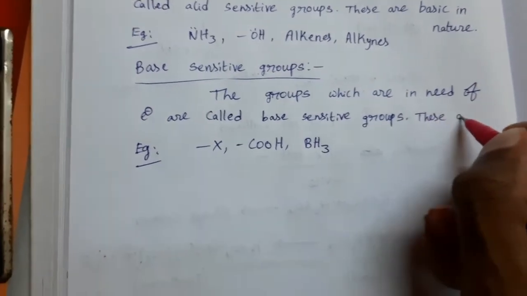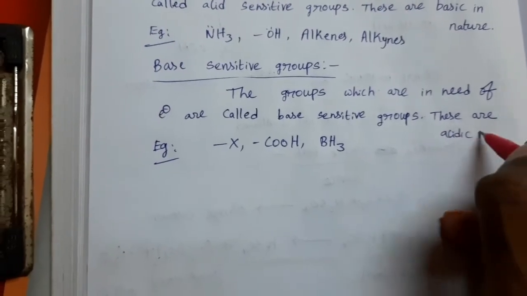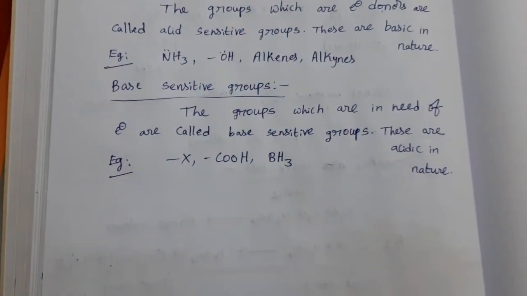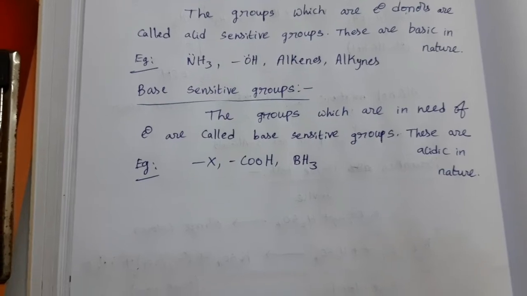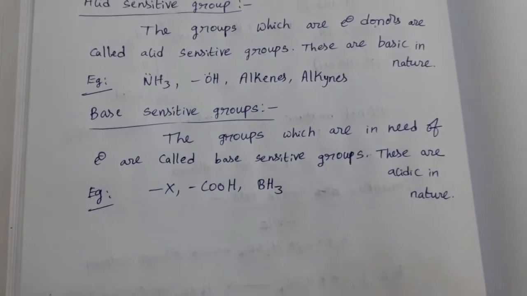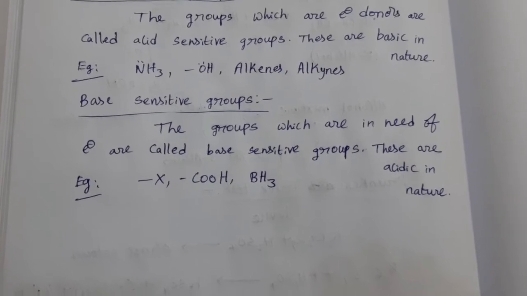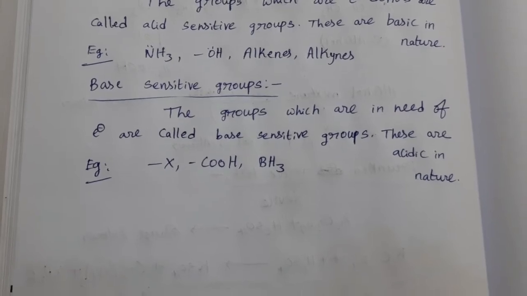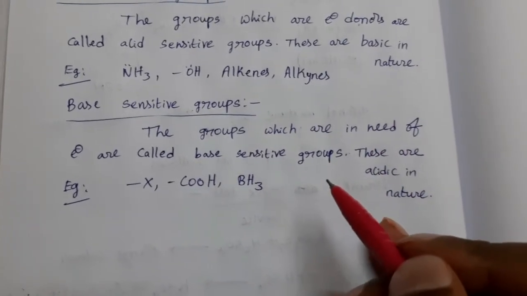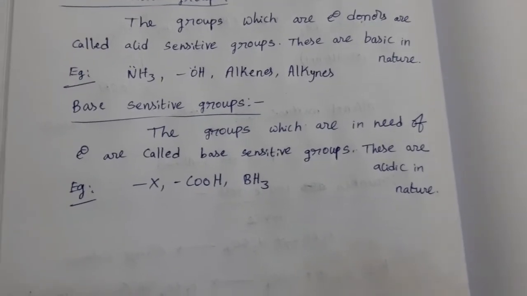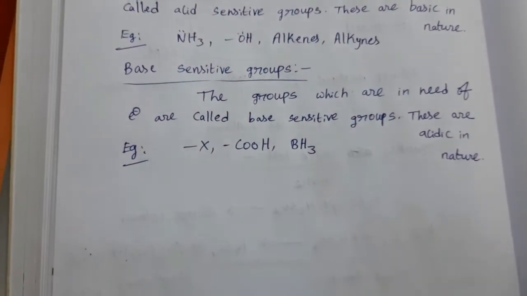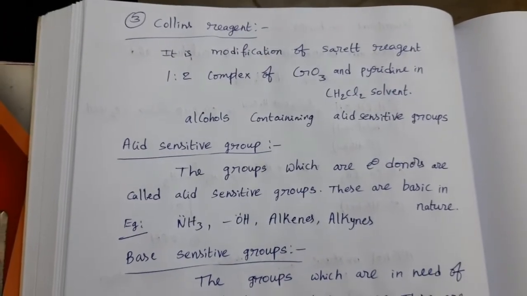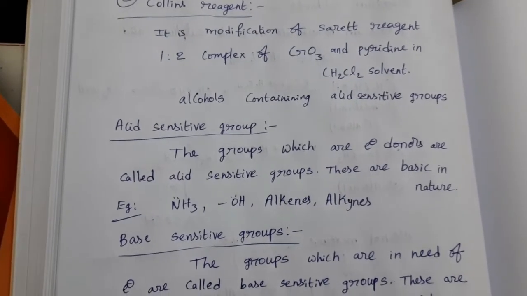These are acidic in nature. In BH3, boron has an empty orbital, so it is ready to accept electrons. In this way, it is considered a base sensitive group. So these groups can accept electrons, which means these are acidic in nature. Example: halogens, COOH, BH3. So here Collins reagent is useful for the oxidation of alcohols containing acid sensitive groups.